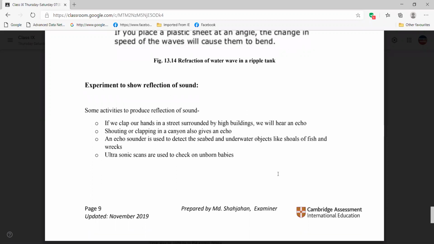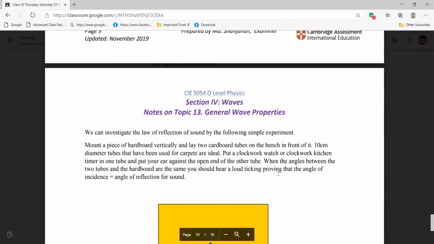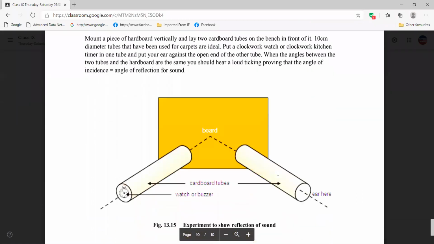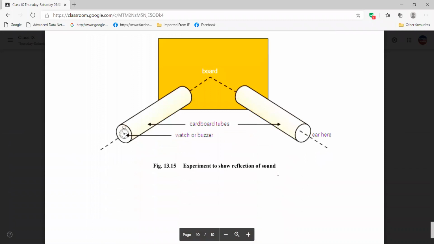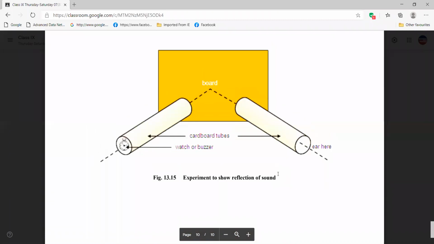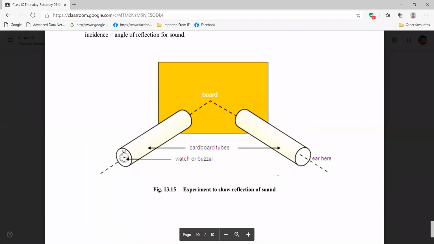You got the idea? Water waves can reflect back. Then also light waves can reflect back, right? So it is the experiment to understand that sound wave is reflecting back, or it is having the reflection of sound.